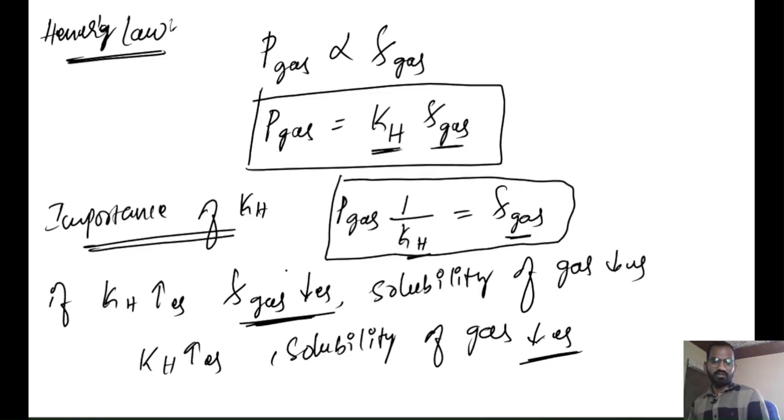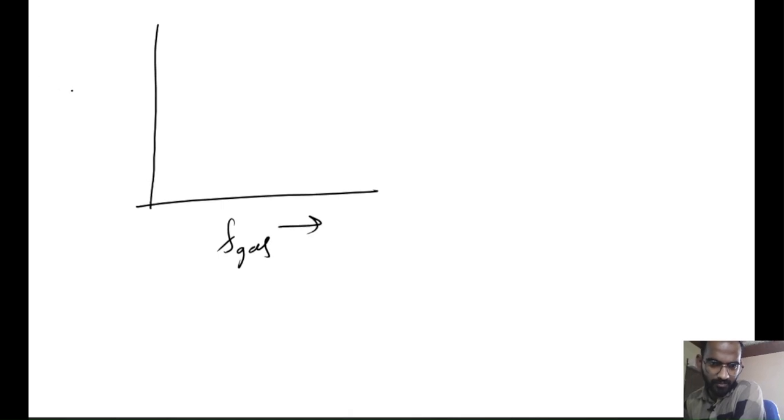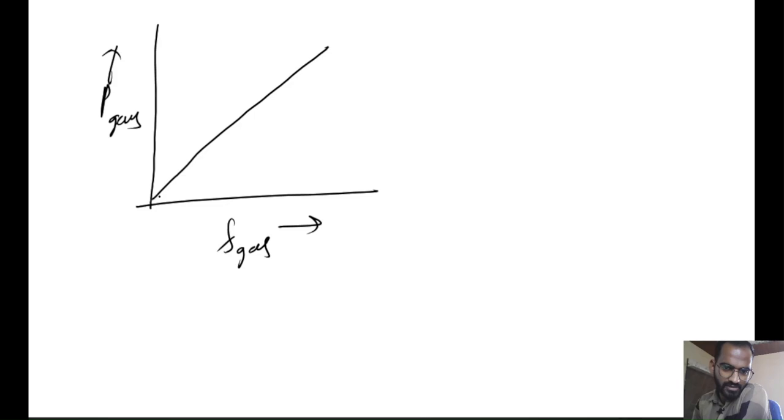Now this can also be represented with a graph. They have given one graph like this, with mole fraction of gas and partial pressure of gas. The graph will come like this. It is a linear graph. As partial pressure increases at this point, at this point, solubility also increases.